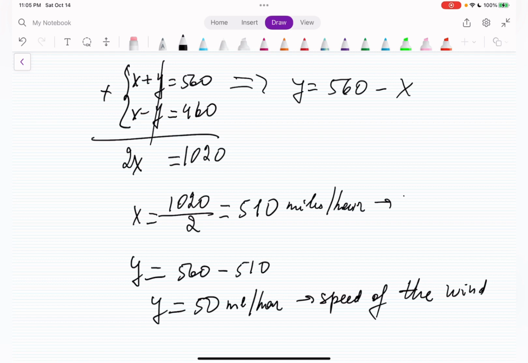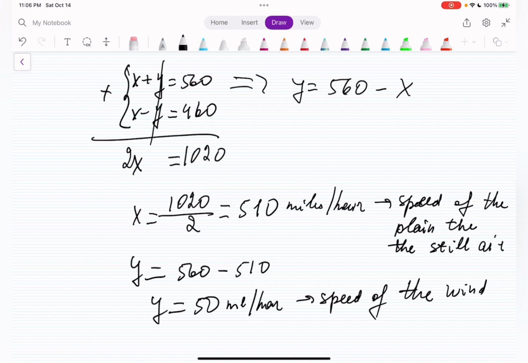And 510 is miles per hour, the speed of the plane in still air, which means no wind. 510 and 50.